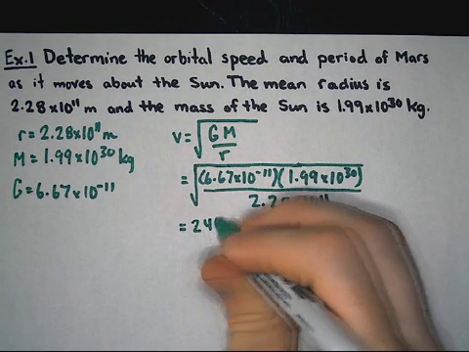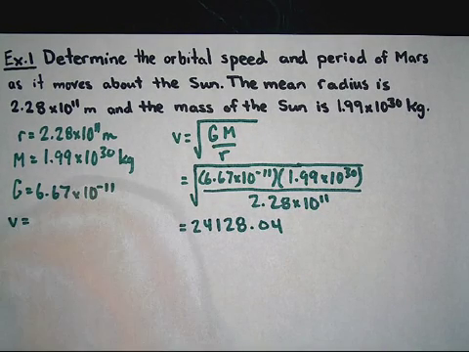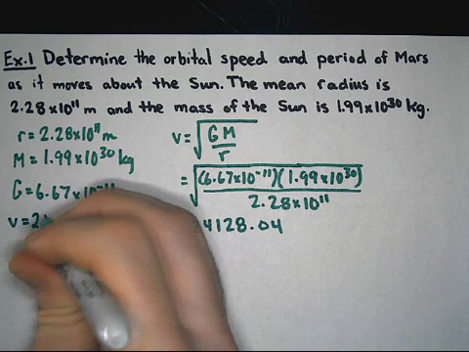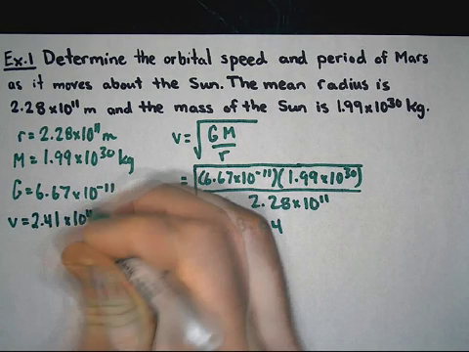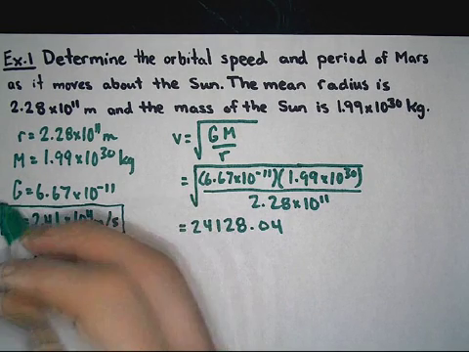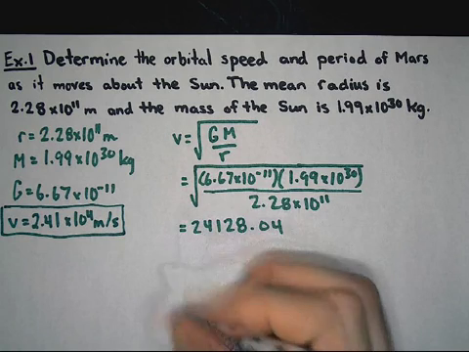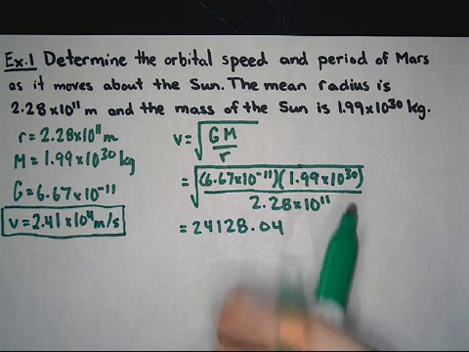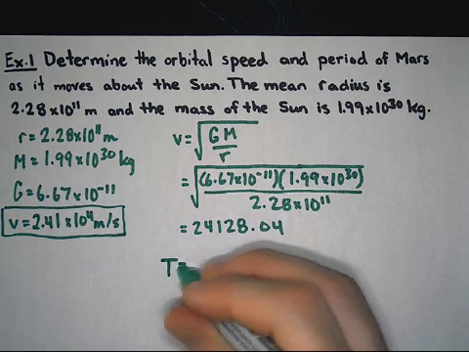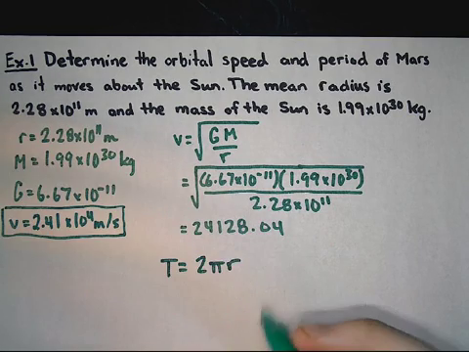And we're asked to calculate the period in this case as well. To calculate the period when we have an orbit occurring, we know that the orbit is in a circle, which is, then the circumference of the circle is 2 pi r. So we'll take 2 pi r for the distance that it must travel, and we'll take that over the orbital speed given that we calculated above. So that would be 2 with 3.14 with 2.28 times 10 to the 11, and all of that will be divided by 24,128.04.